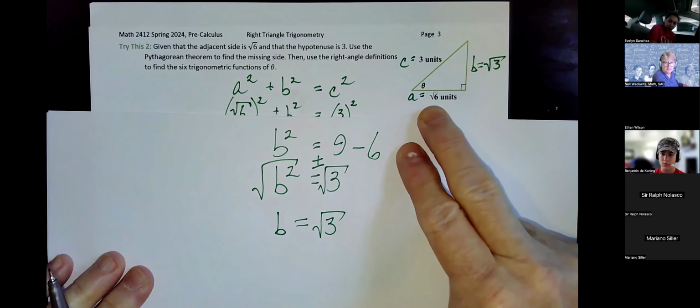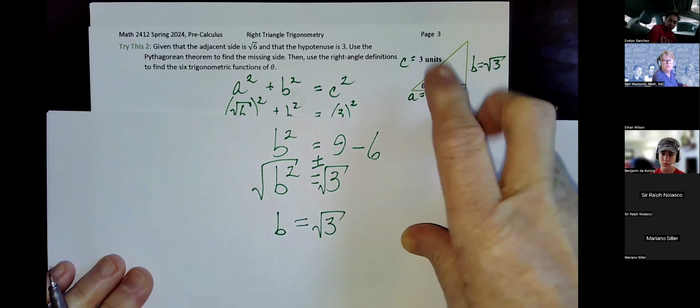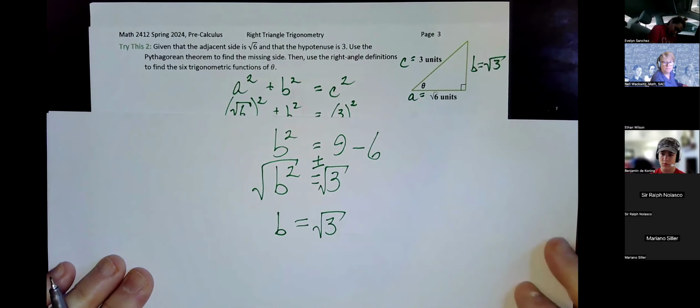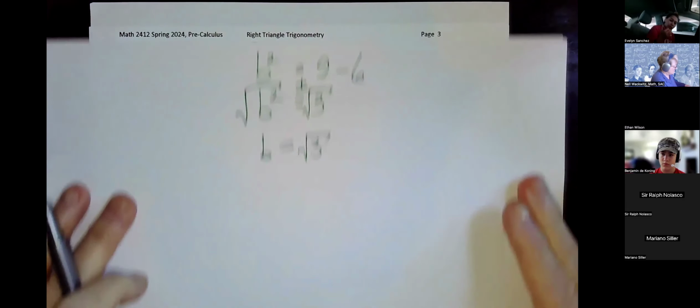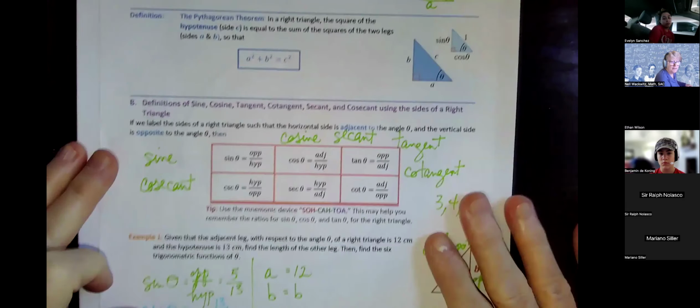Square root of 6 squared is 6. 6 plus 3 is 9. Square root of 9 is 3. Oh, well, we didn't finish. Good, I'm glad, because I was thinking that went by awfully quickly.